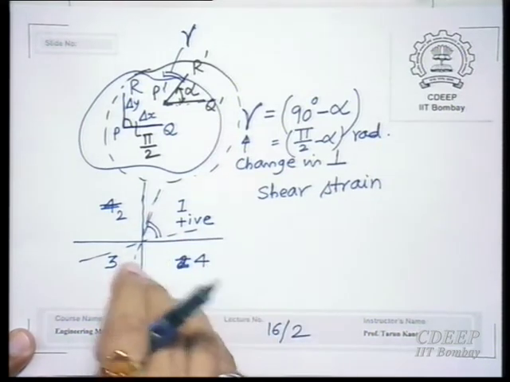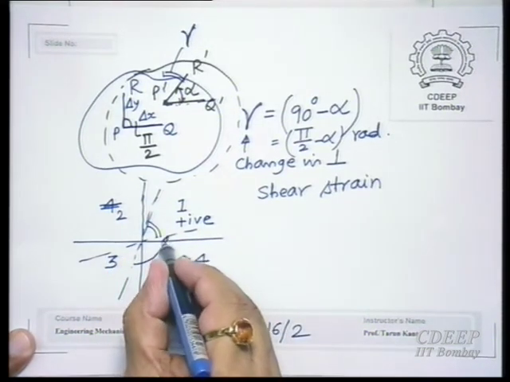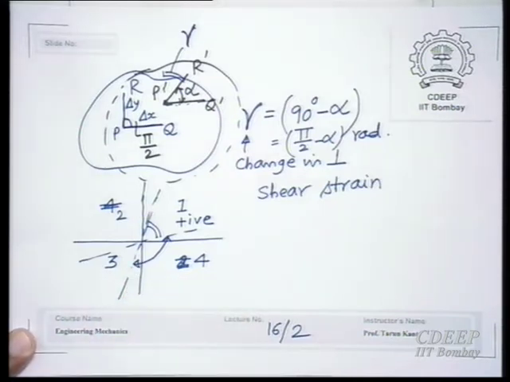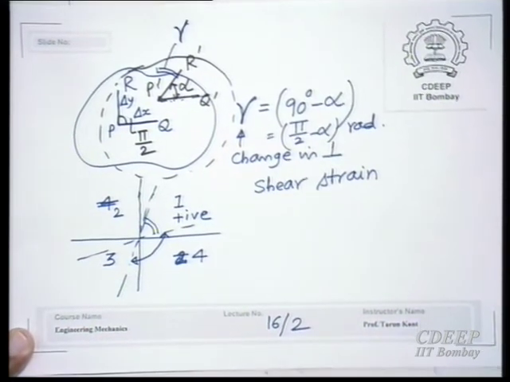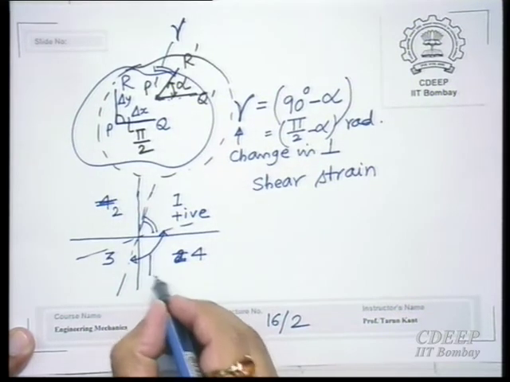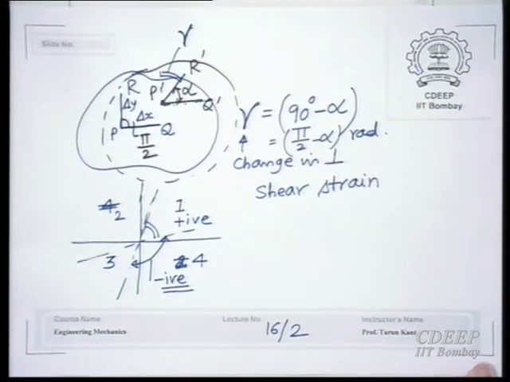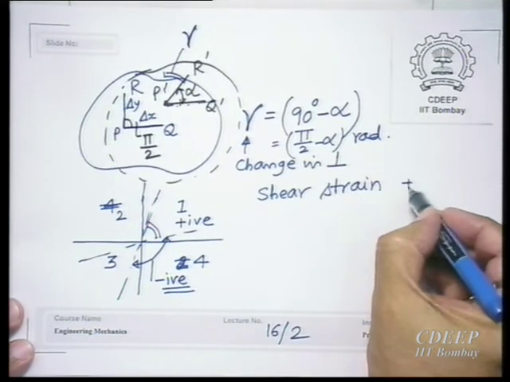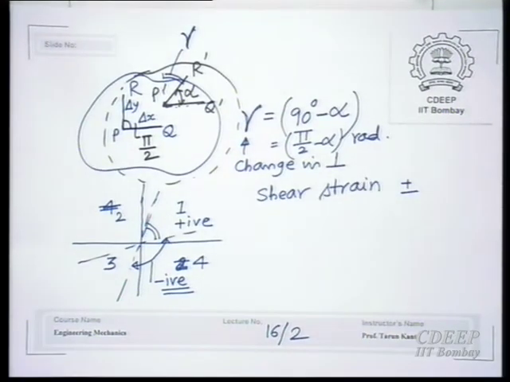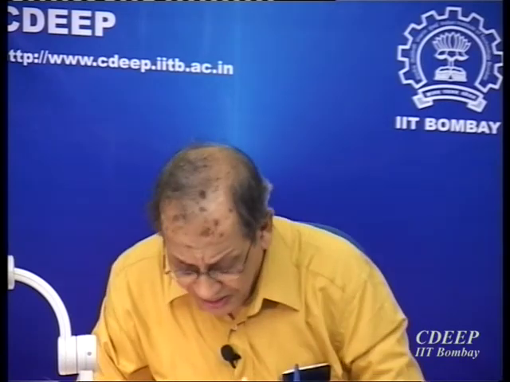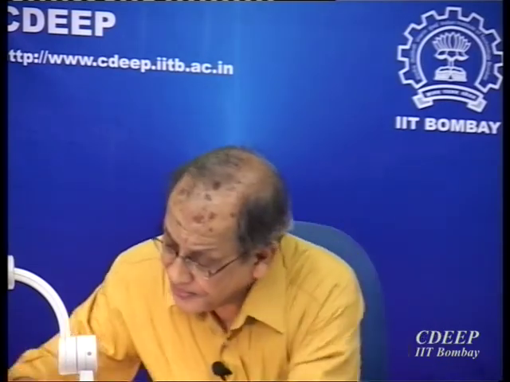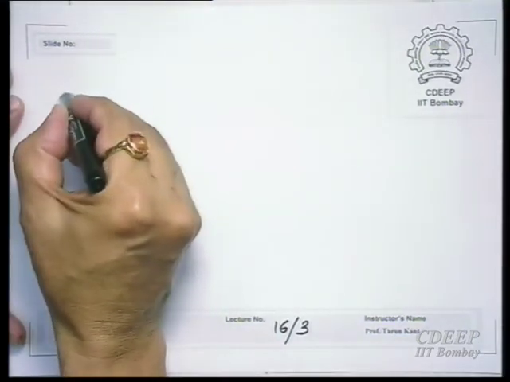This 90 degree has increased by a certain amount, and that increase we will call negative. So increase in 90 degree is negative, and decrease in 90 degree is positive. So shear strain will be measured by plus and minus depending upon whether there is increase or decrease. Now, I will draw a simple diagram. Let us consider a two-dimensional body.